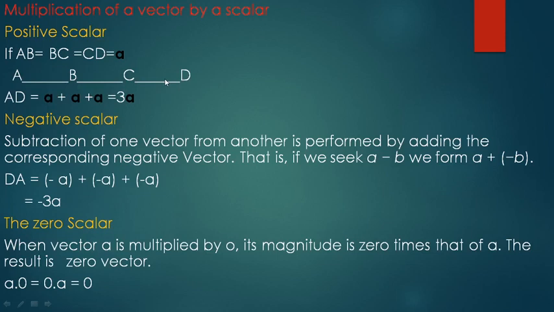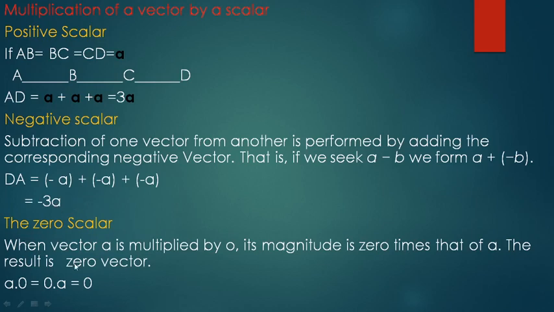It will be negative A plus negative A plus negative A, which gives you negative 3A. So the scalar here is negative 3. The negative scalar does not affect the magnitude of the vector. It only affects the direction.